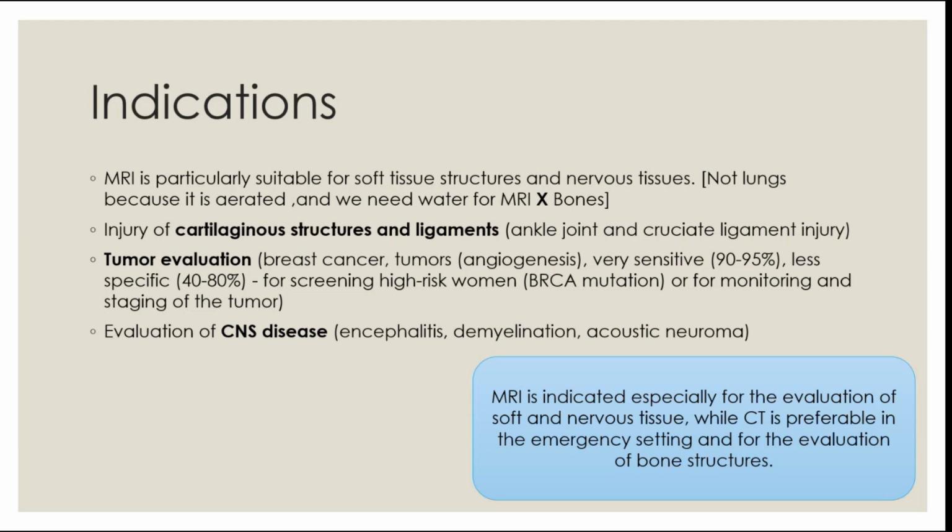So not for the lungs, but we can see something in the mediastinum or the chest wall, some tumors that we will go to later on, and in the bones, not really the bones, but the bone marrow, because it contains some water, or the cartilage, the menisci, or the ligaments. So it's important for tumor evaluation and sometimes staging. And also the most important use for it is in the CNS, whether it is a tumor or an inflammation or infection, neurodegenerative diseases, or the spine. All of these you can see on MRI.